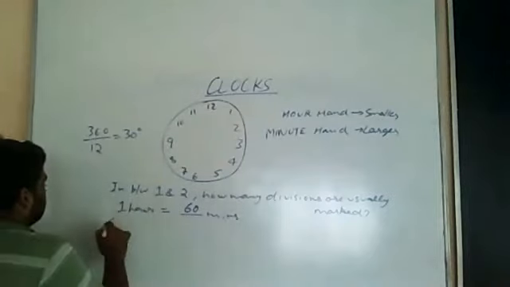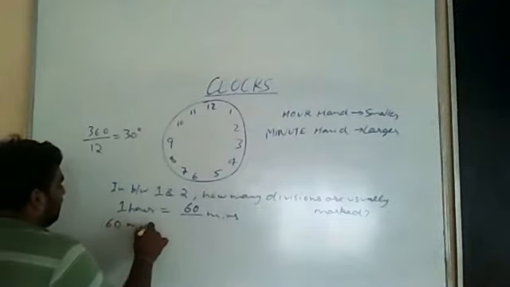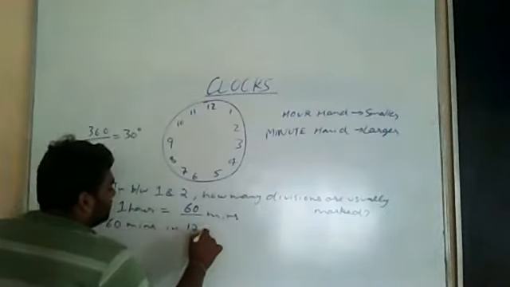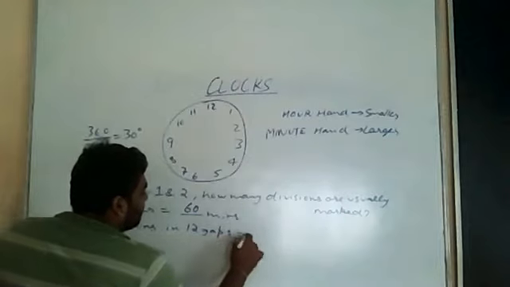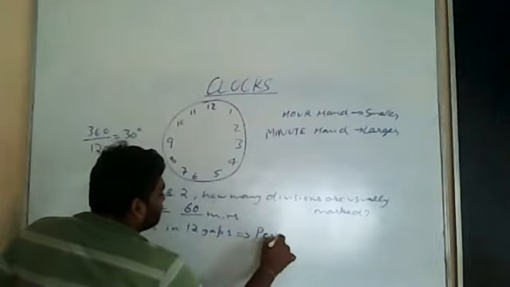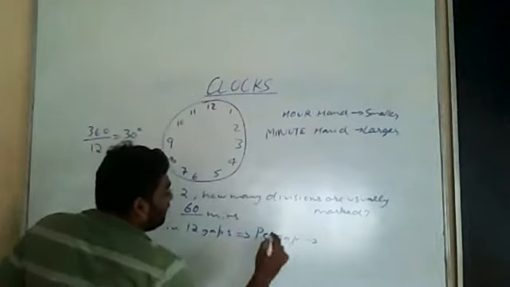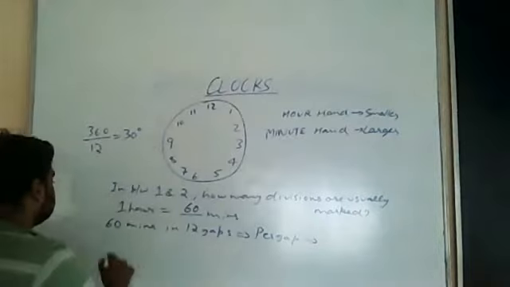So 60 minutes in 12 gaps. That means per gap how much? It will be 5.